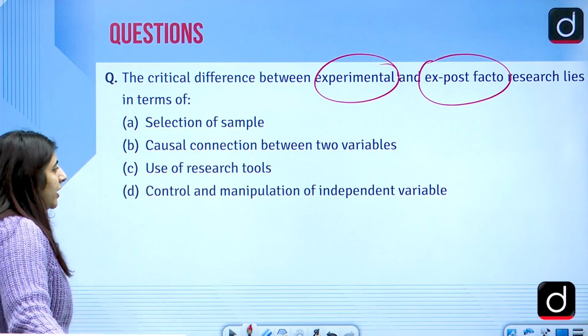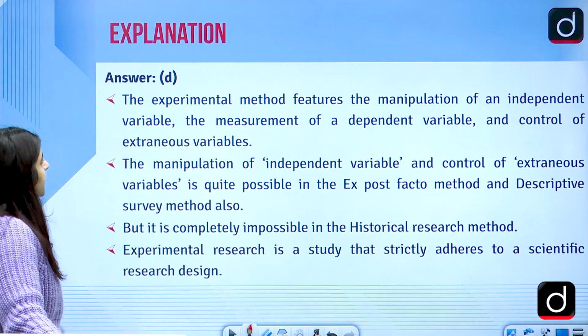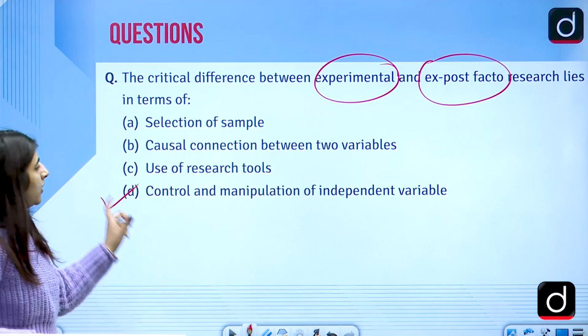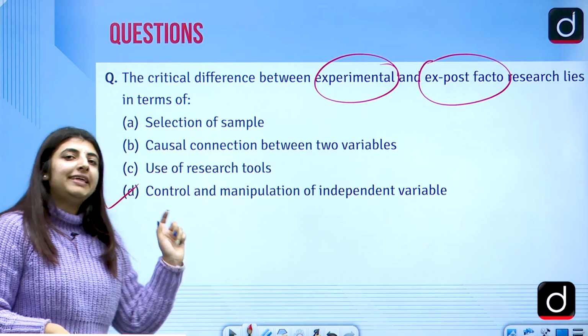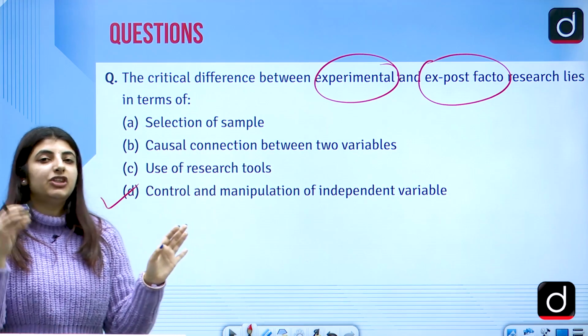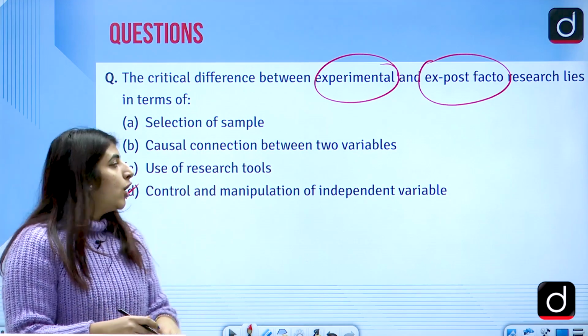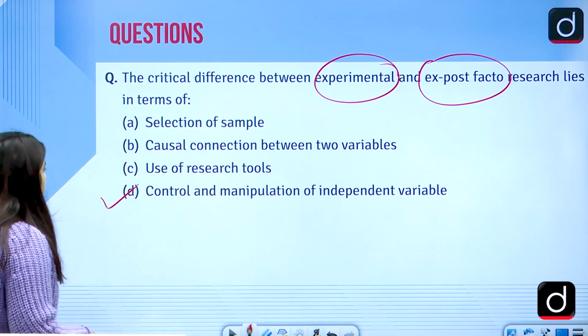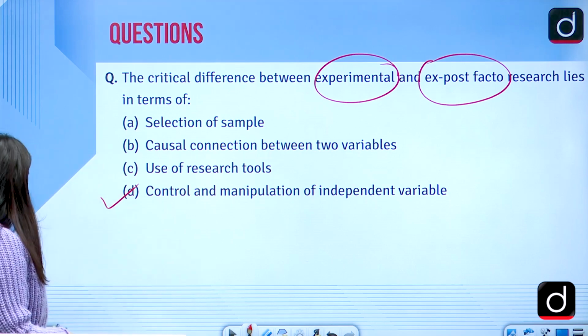The answer to this question is option D. Critical difference is based on the control and manipulation of the independent variable, right? So these two are the ones which have a differentiation, right? Obviously there are independent and dependent variables in both of them, but there is a difference in how those variables can be controlled.